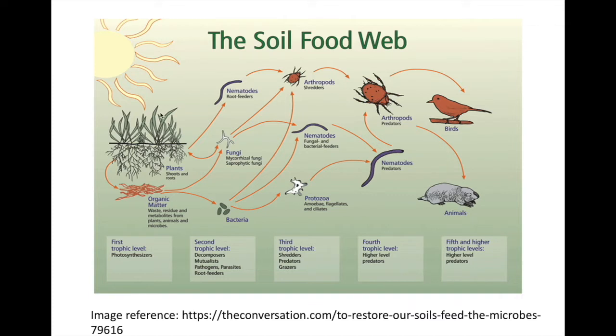After their lifespan, they become organic matter, or OM. These are the waste, residue, and metabolites from plants, animals, and also microbes. And so fungi, bacteria, protozoans, and also organisms such as nematodes are going to feed on them.